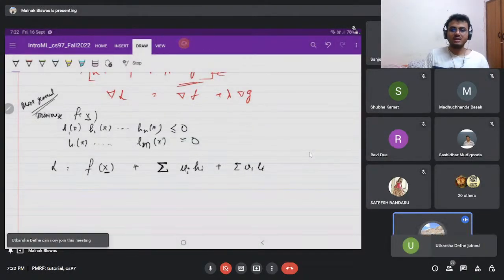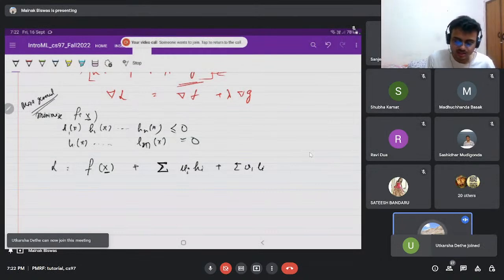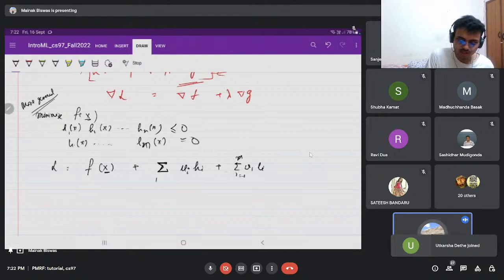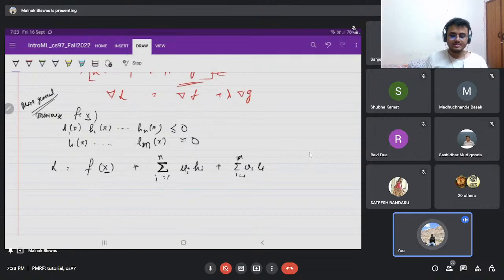So bear with me here. Did you get this? I'm just writing all the constraints with some multipliers. Is that okay? So this is L of x, u, v. That's how you define it.